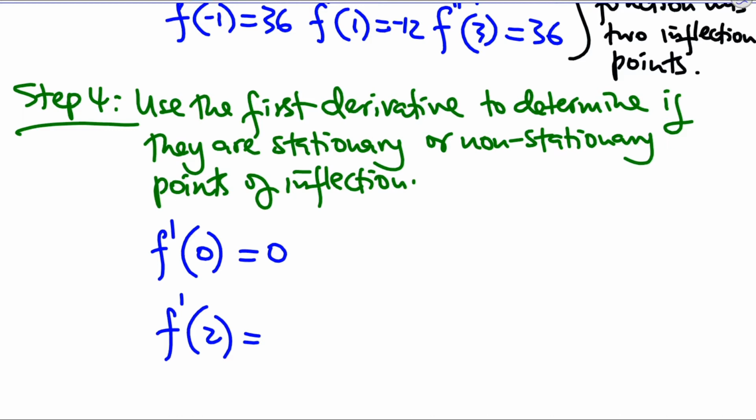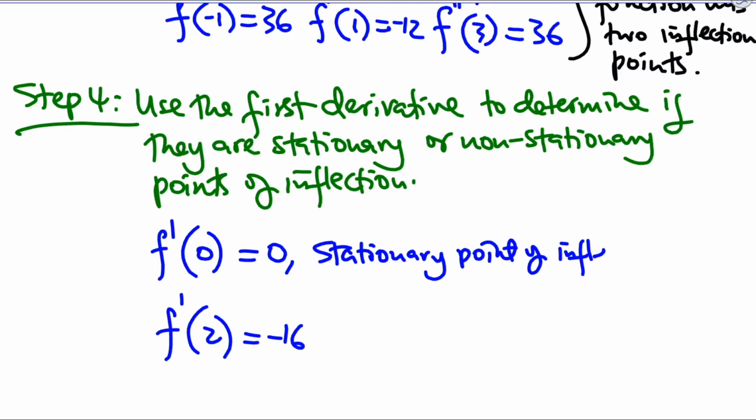If you plug in 2, you end up with negative 16. So what does this mean? It means that a stationary point of inflection occurs at x equals 0.